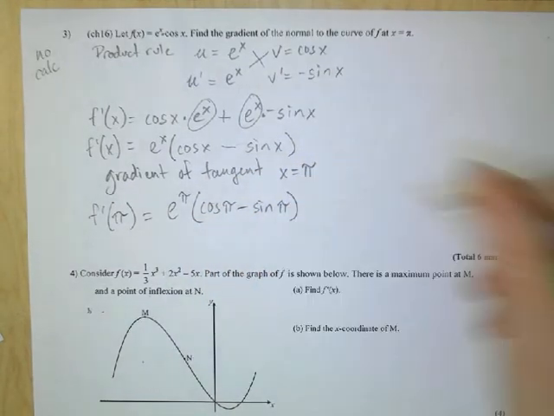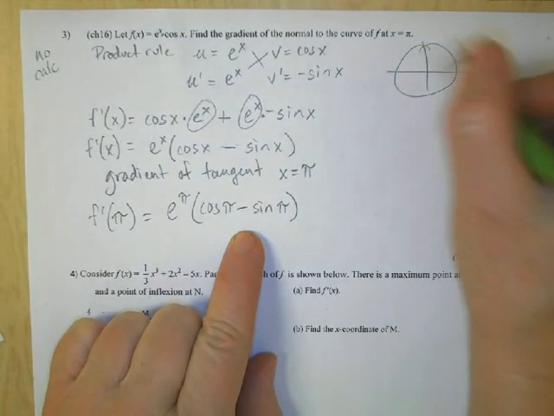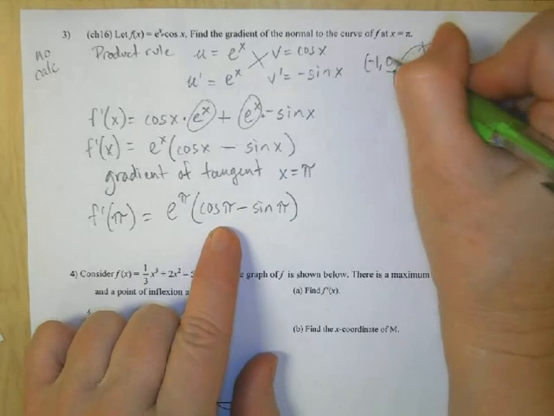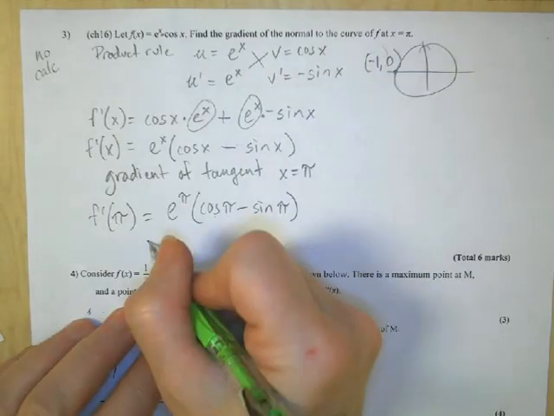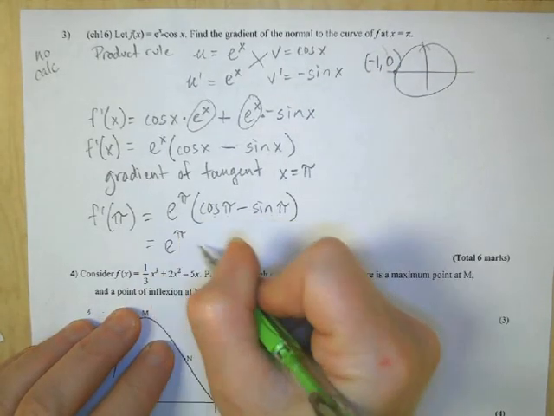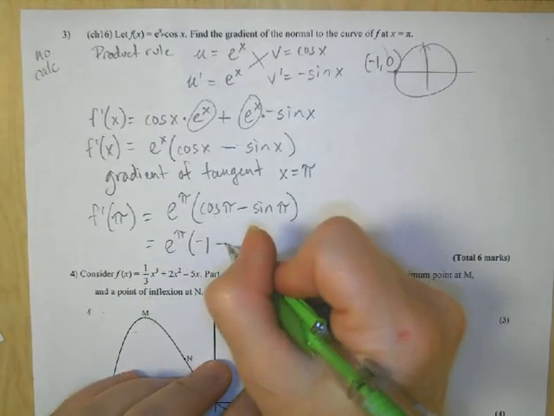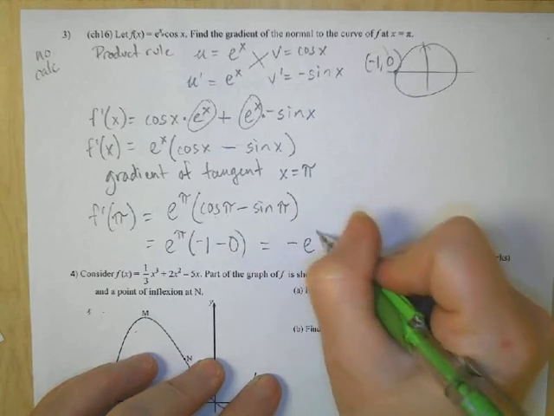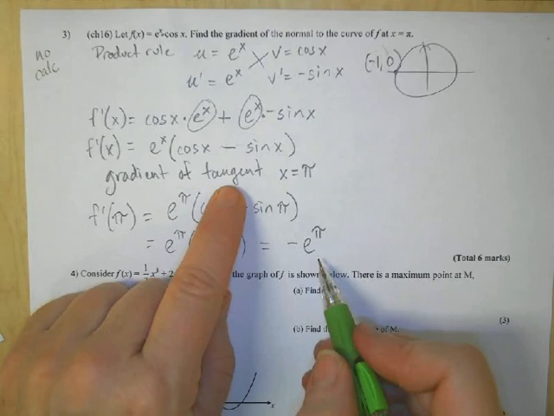Now I need my unit circle. Where's pi? Pi is over here. So that would be at negative 1, 0. Cosine of pi is negative 1. So e to the pi times negative 1. Sine of pi is 0. So I get negative e to the pi.